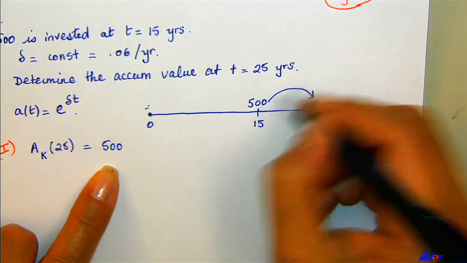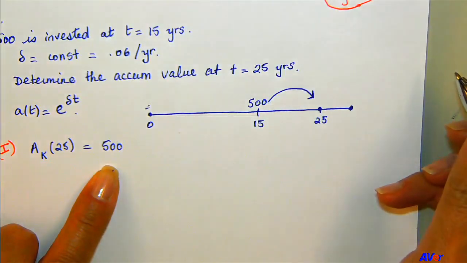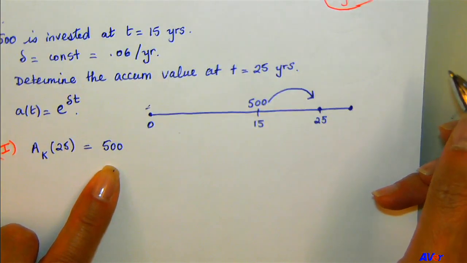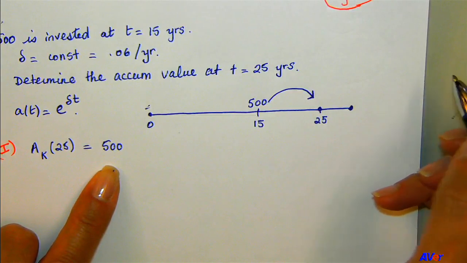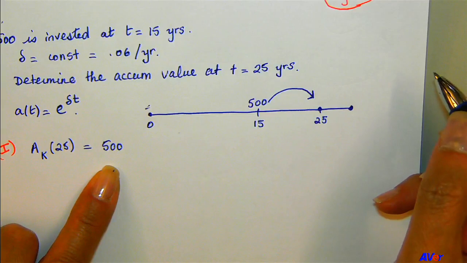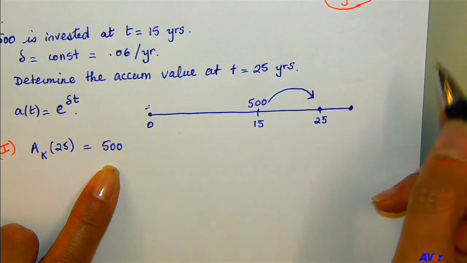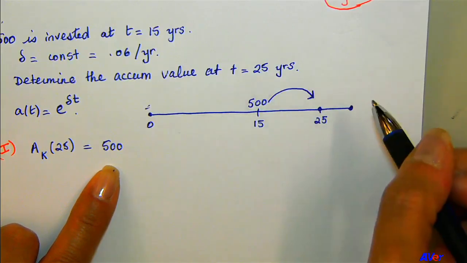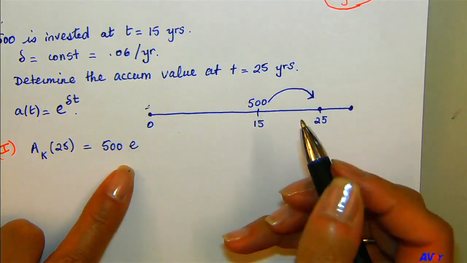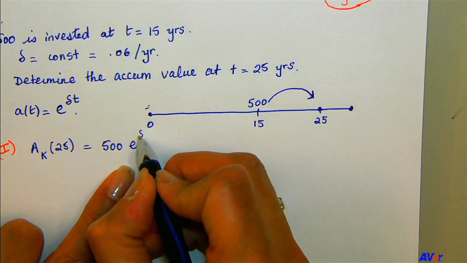What do I multiply by? 1 plus I to the 10th. Okay, that's one method, right? That's the I method, but right now I want to do delta. I'll come back and do I in a second. E to the delta times 10.